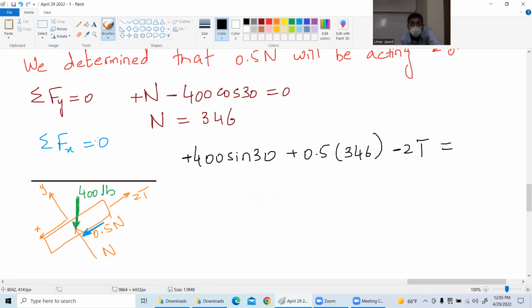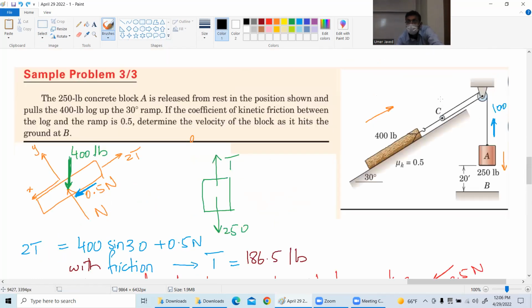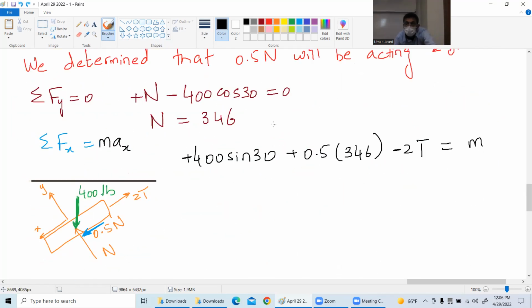So summation of forces is equal to not 0. I apologize. It is equal to MAX. So it is equal to M multiplied by AX, and this is my mass C. If you look at the diagram, we already have a B here. This is A. So let's call this log, or this is already C. So let's call it C. It is equal to MAC.